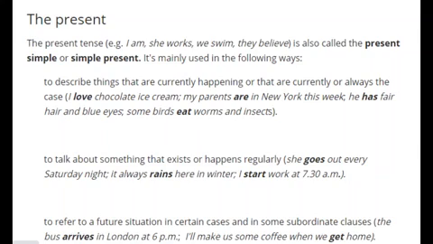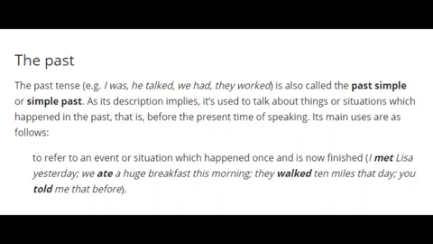Now past tense. Let's see the past tense. The past tense, example, I was, he talked, we had, they walked, is also called the past simple or simple past. As its description implies, it is used to talk about the things or situations which happened in the past.